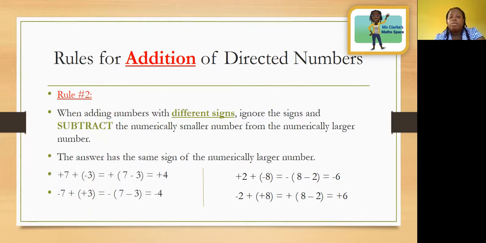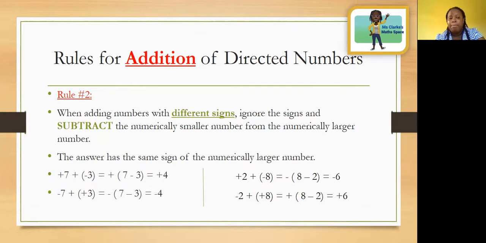Then we subtract: 7 minus 3 is 4. The second part is that we keep the sign of the numerically larger number. Between 7 and 3, which is bigger? 7. And the sign that corresponds with the 7 in this example is a plus sign. So the answer is going to be positive. That's how we get positive 4.